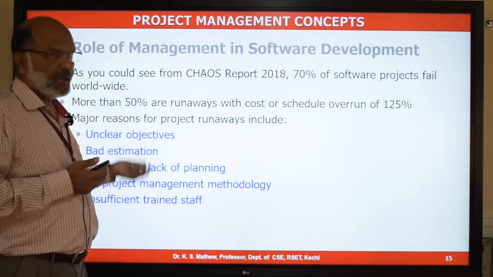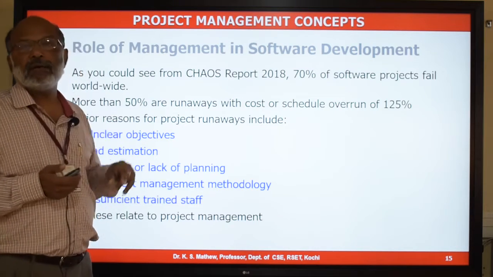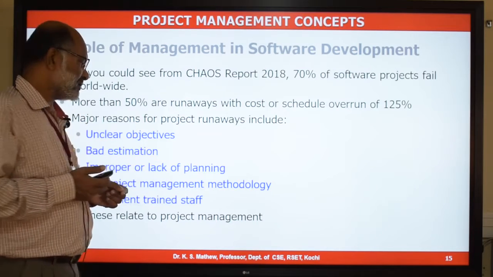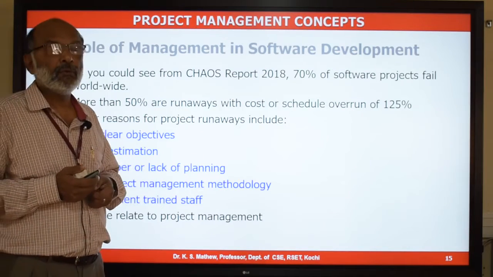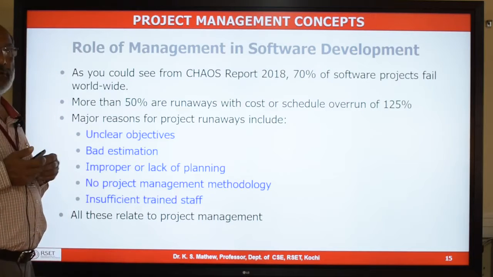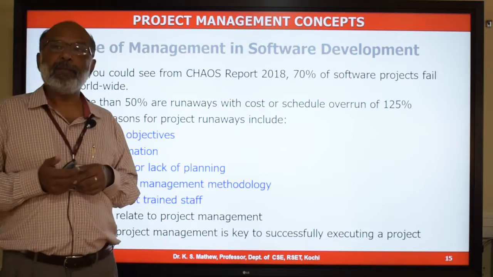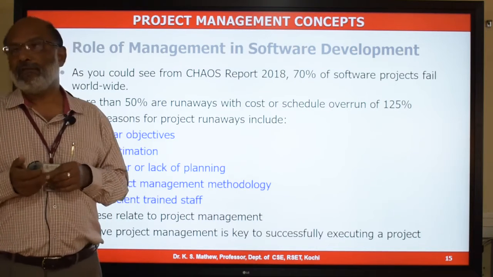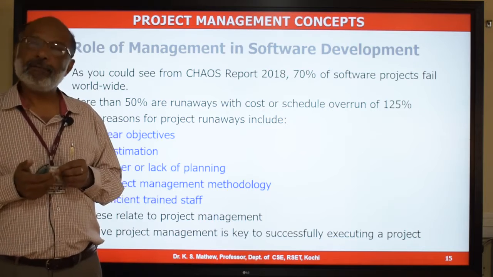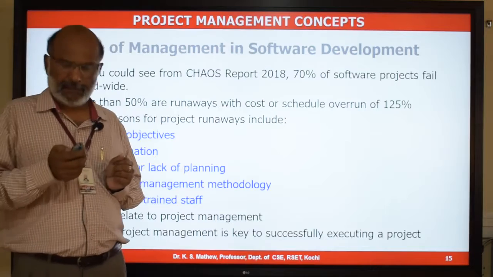These were the main causes of the failure, and all these are one way or the other directly or indirectly related to project management. So in order to make your software project successful, effective project management is very, very important and key for delivering a successful software project. That is the role of project management in software development.